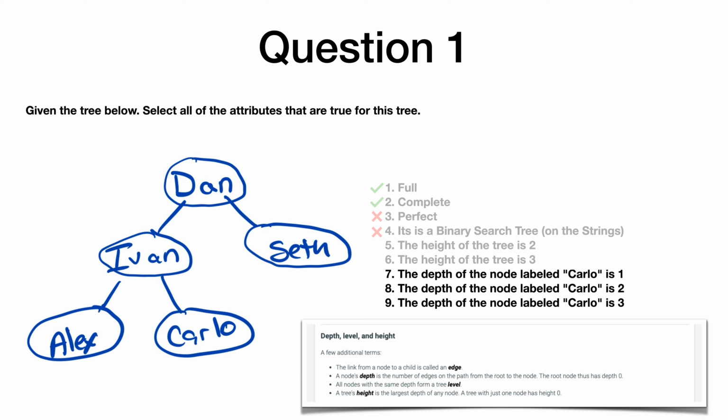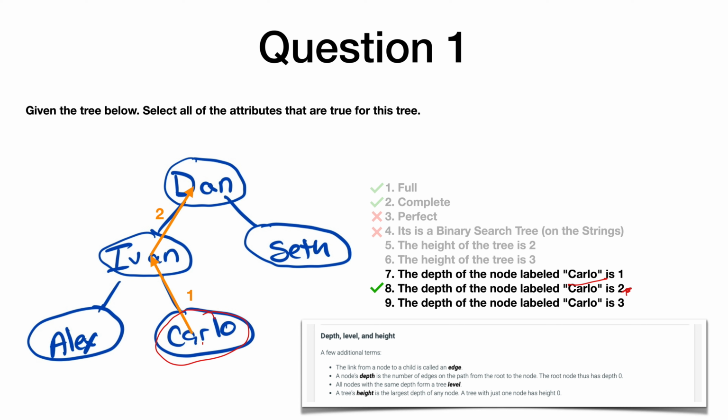This question is asking about the node Carlo, which is this guy here. From there to the root, we have 1 and 2 edges on the path from the node we're examining to the root, which means the depth of that node is 2, which means 8 is correct.